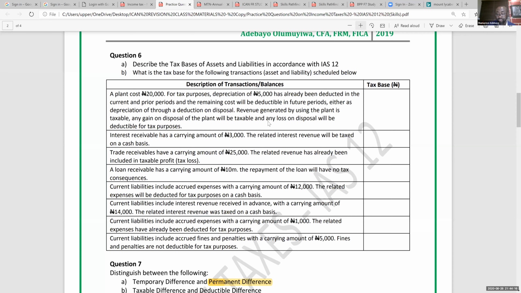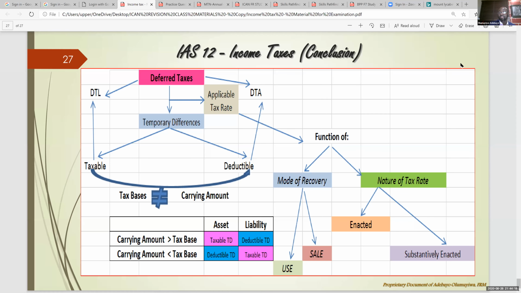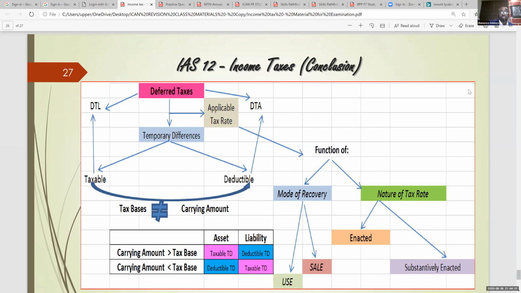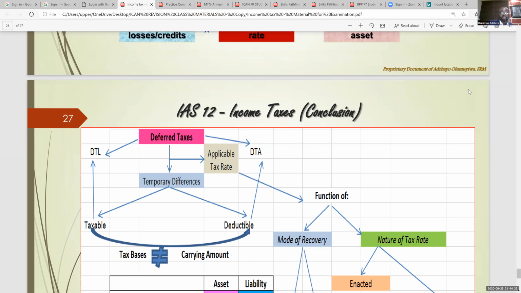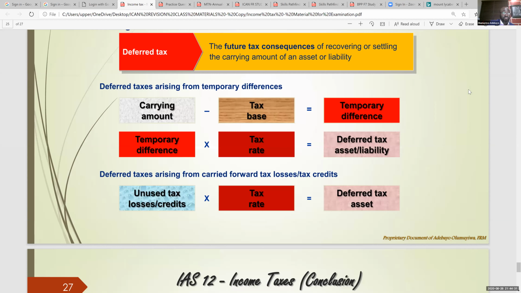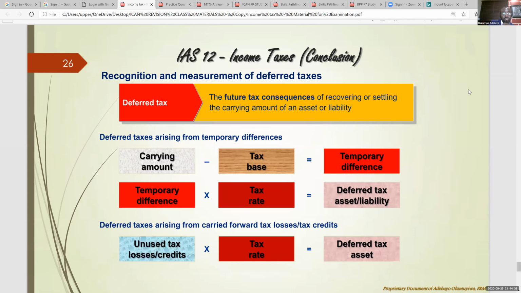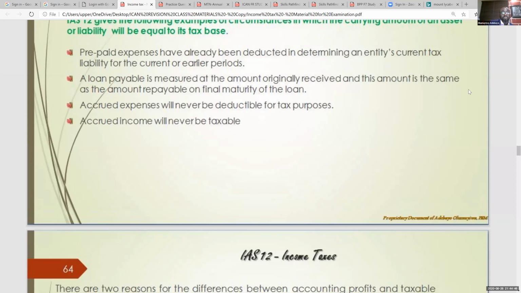Okay, let's start with an asset. Now, what is tax base of an asset?